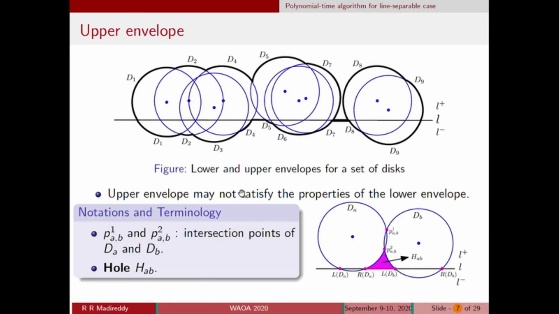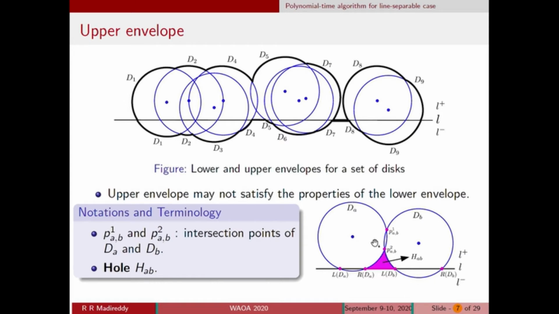Now let us establish some terminology. As every disk intersects the line exactly twice, we call the left intersection point L of dA and the right intersection point R of dA for the disk dA. Similarly, L of dB and R of dB. Any two disks can intersect at most two times, either 0 or 2 times in fact.